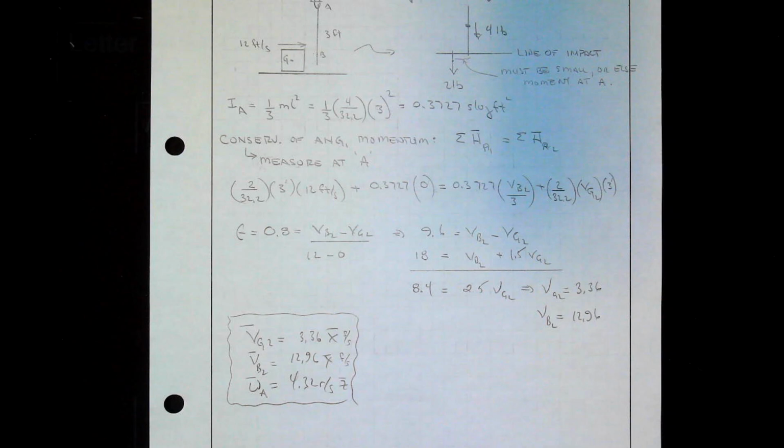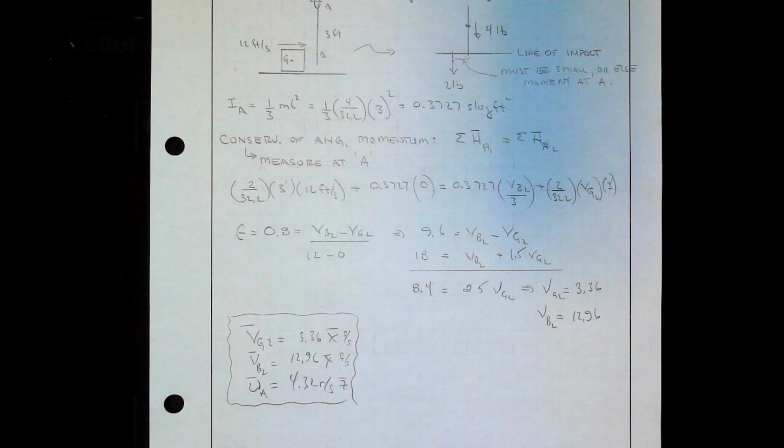So before the impact, what do we have? The rod isn't moving, so that's 0. Relative to G as it comes into contact, this term is r from A to G cross mass times the velocity of G. Velocity of G is going this way, so r cross v is positive.